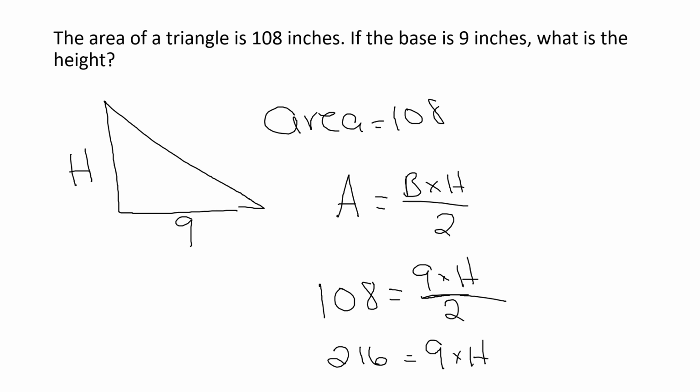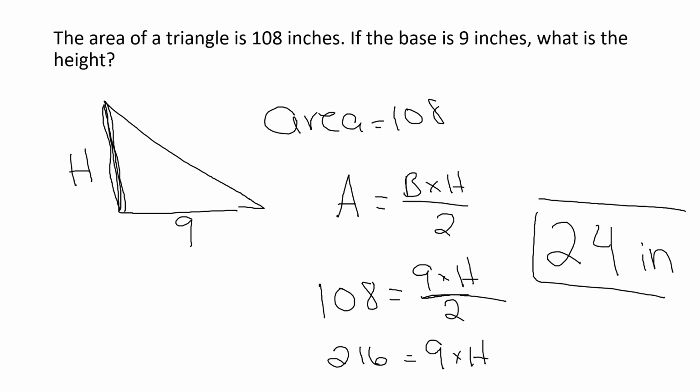Instead of multiplying by 9, I'm going to divide by 9, and I get 24 inches. Now, this is talking about a length, a one-dimensional idea, so it's just inches. Sometimes you're going to have to write a formula down and work backwards and think about it. Let's look at one more.